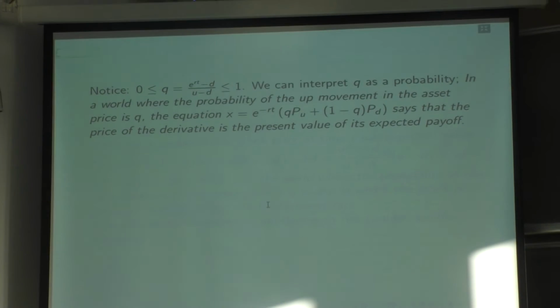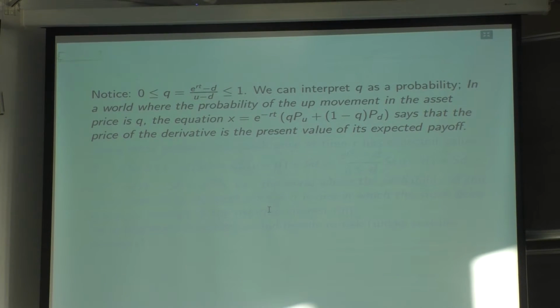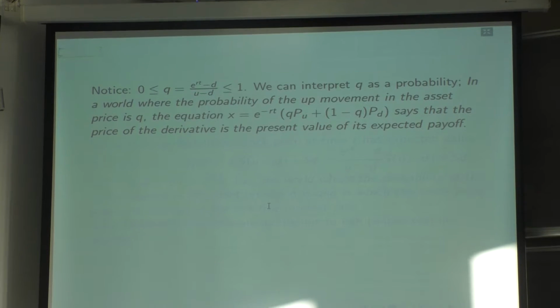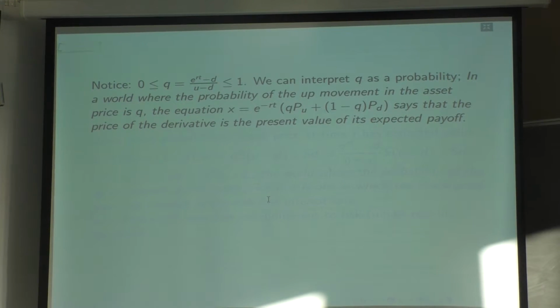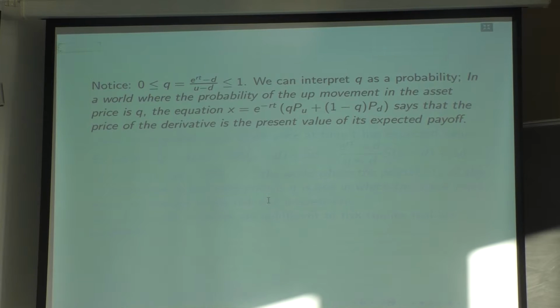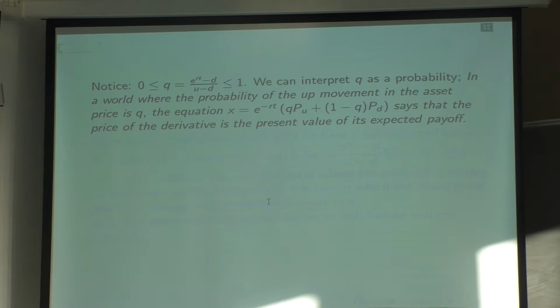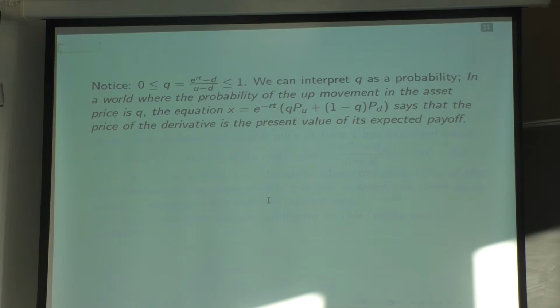So the value of the derivative in a world in which the probability of finding yourself here is q is the present value of the expected payoff. I'm just repeating myself. But now let's ask ourselves, in which world do we have a probability of q of finding ourselves in the up state of the world? Let's see if we can identify that world.